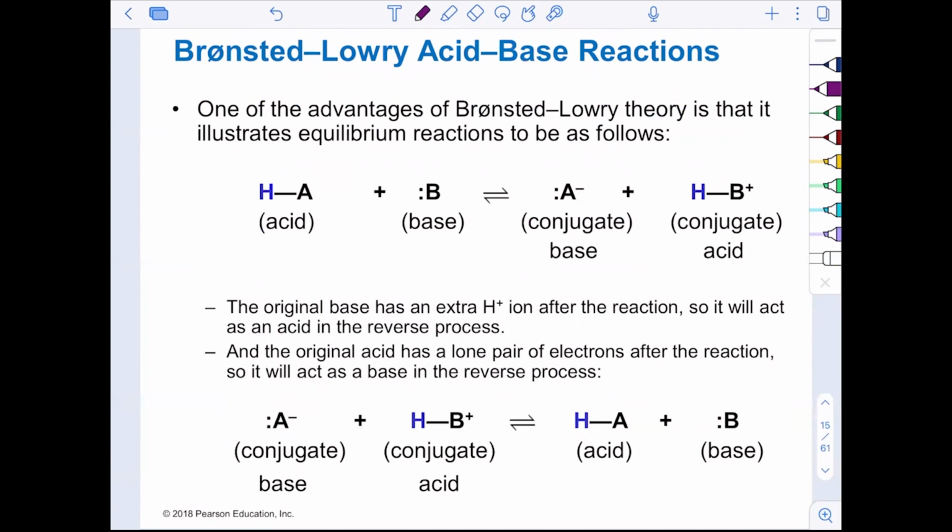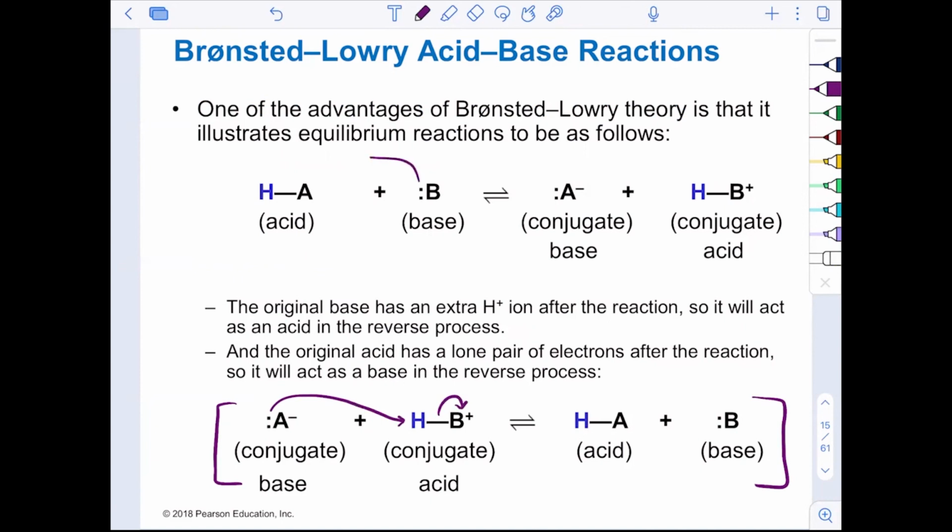But just so you know, if the reaction was reversed, the conjugates could become the original or the reactant acids and bases. Notice that this reaction is now flipped, and the conjugates are themselves able to also act as acids and bases to produce the original reactants.